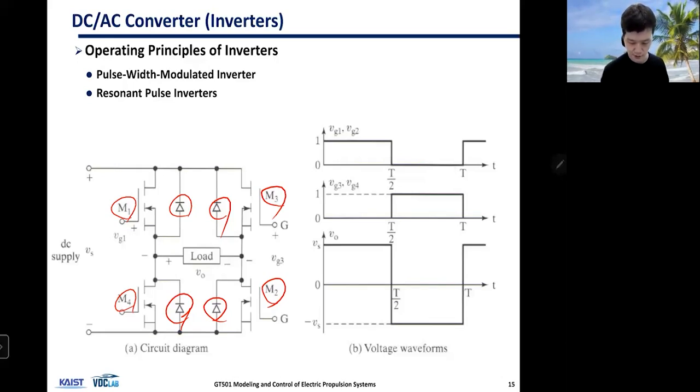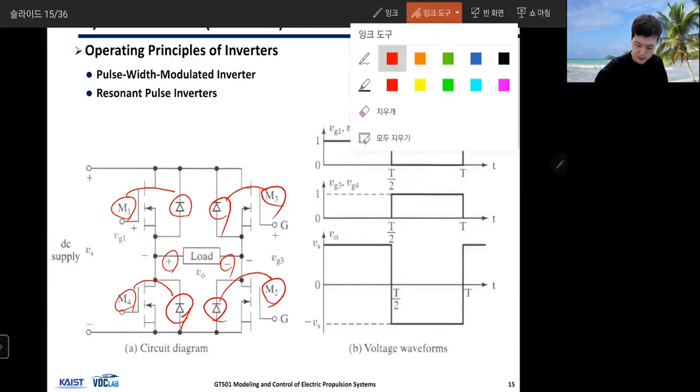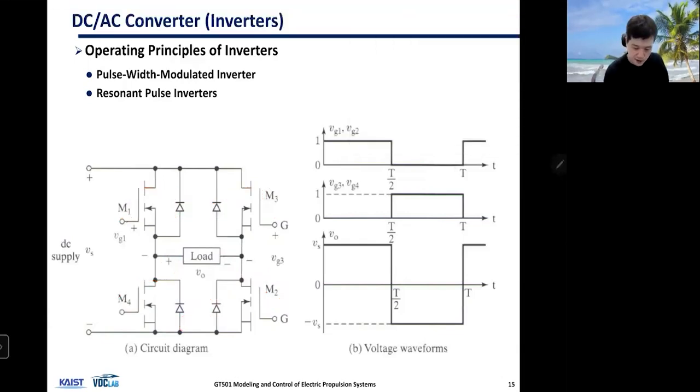So you have these pairs of switch and diode for the load. So you need 4 sets of these. You need 2 for each side of the load, 2 for the plus and 2 for the negative, positive and the negative side.